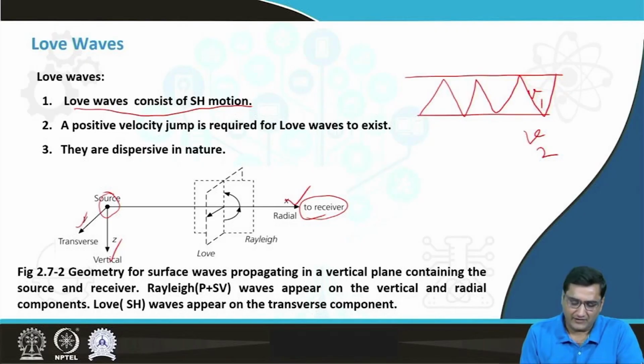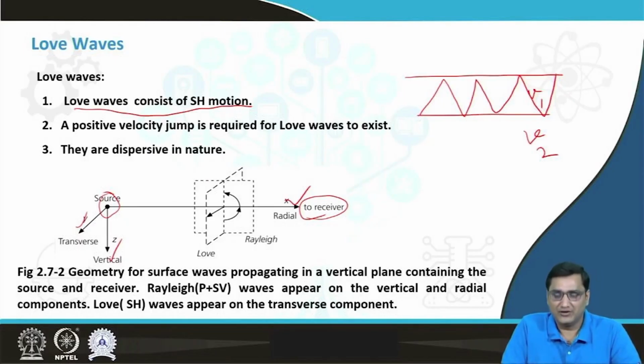The Rayleigh wave predominantly consists of P and SV waves coupled with each other to give the development of the Rayleigh wave. And the SH wave motion that is perpendicular to the XZ plane gives rise to the Love wave.